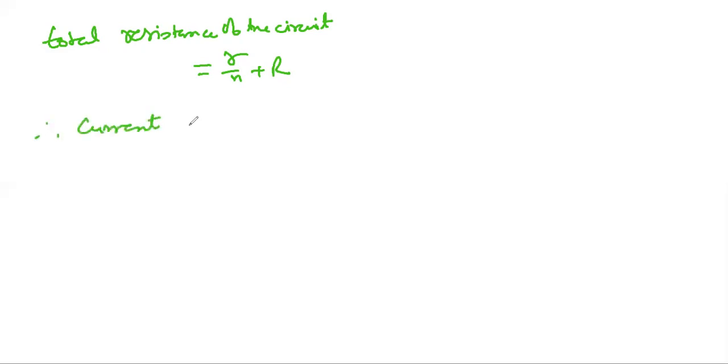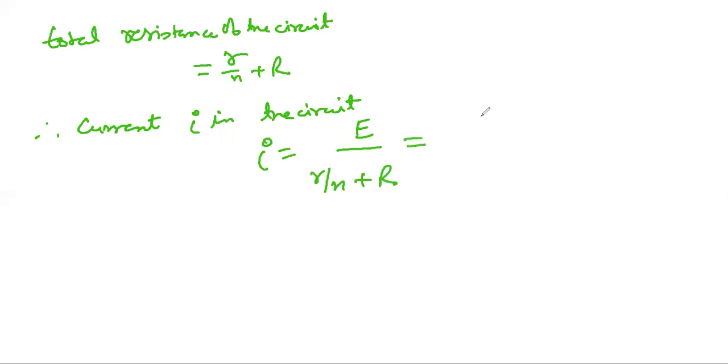Next, total resistance of the circuit is equal to r by n plus capital R. Therefore, current I in the circuit is equal to I is equal to E divided by r by n plus R. This is equal to nE divided by R plus nr.